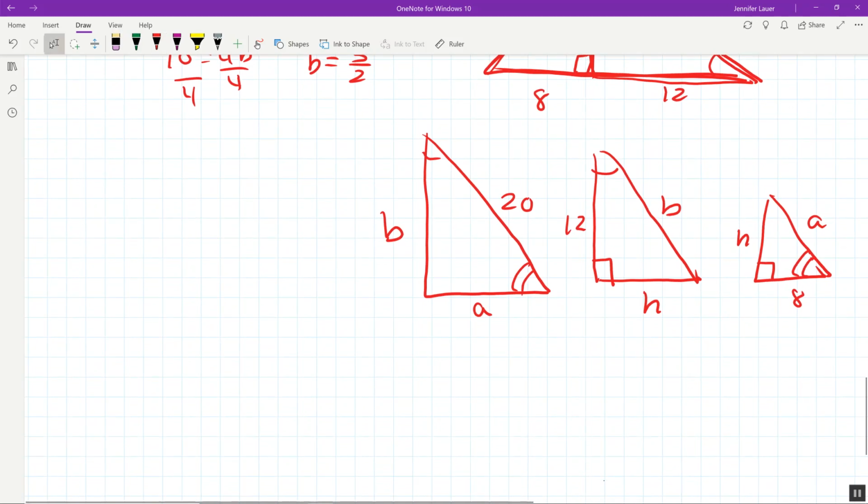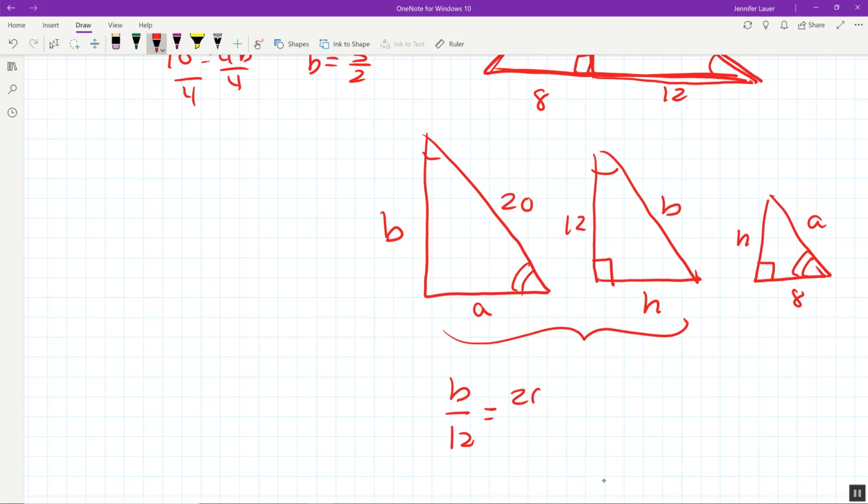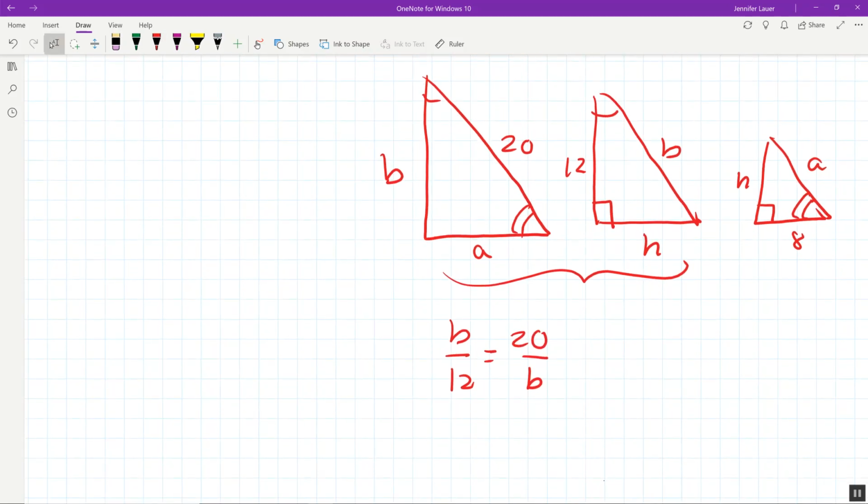So now you can do a couple different things. We can do a comparison, a geometric mean comparison, and let me show you what I mean by that. I can say, well, for this one, let's look at these two. B is to 12 as 20 is to B. This is what I mean by geometric mean.